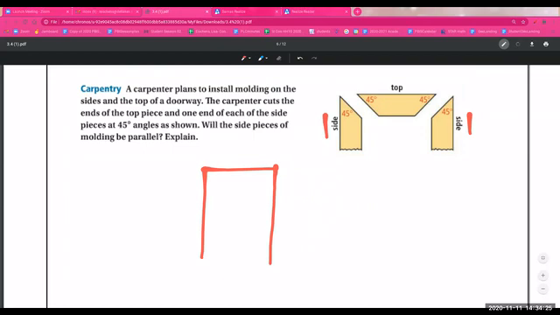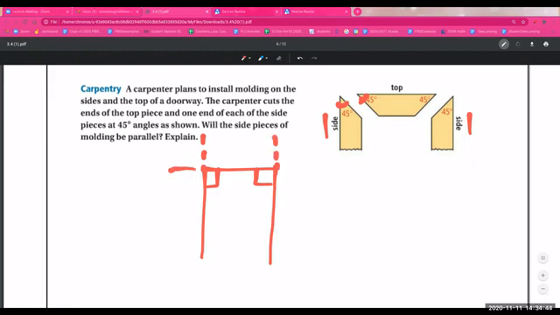Now this angle would be 90 degrees because if you flip this 45 with this 45 and put them together, that would make 90. Same over here, two 45s together add up to 90. Well, here's the deal. You have two lines here.